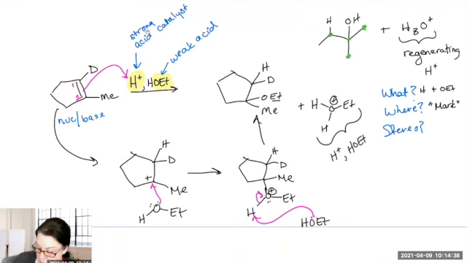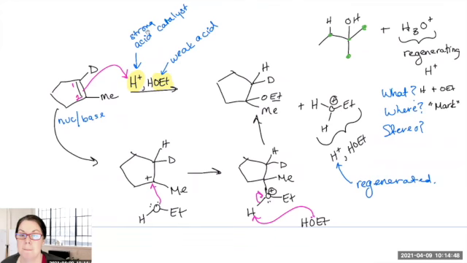Okay, so here the H plus is regenerated. So this step right here is what dictates that the oxygen has an ethyl group on it at the end and not a hydrogen. Does that make sense?